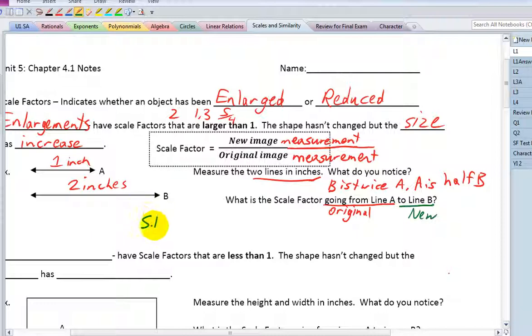So for your scale factor, SF, that equals new over original, equals line B measurement of 2 inches over line A's measurement of 1 inch. Your units will cancel, they'll divide to 1, and so we're left with 2 divided by 1, which is simply a number 2. So our scale factor would be 2 going from line A to line B, which makes sense because we said B is twice A. Okay.